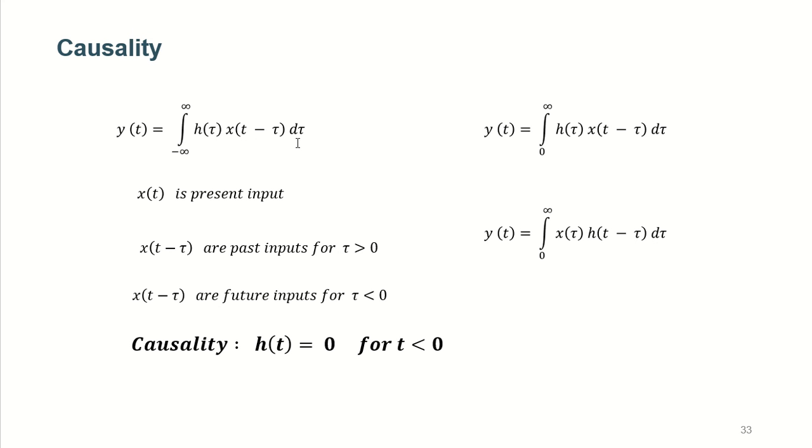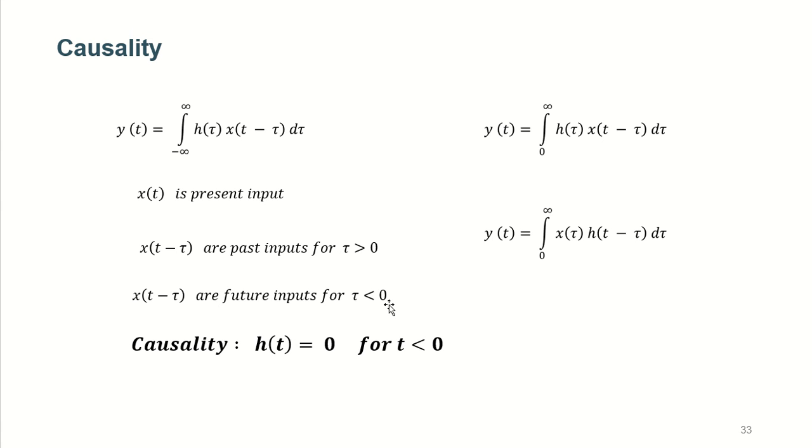Are you understanding? What do we have to do? For all the values of tau less than 0, your x of t minus tau will become a future input. So we cannot consider the values of tau less than 0, right?